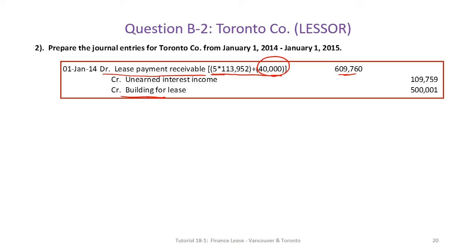The building for lease, I'm going to credit, because what would have happened is the original entry would have been, let's say that the lessor goes out and buys the building from somebody else and then turns over and leases it.